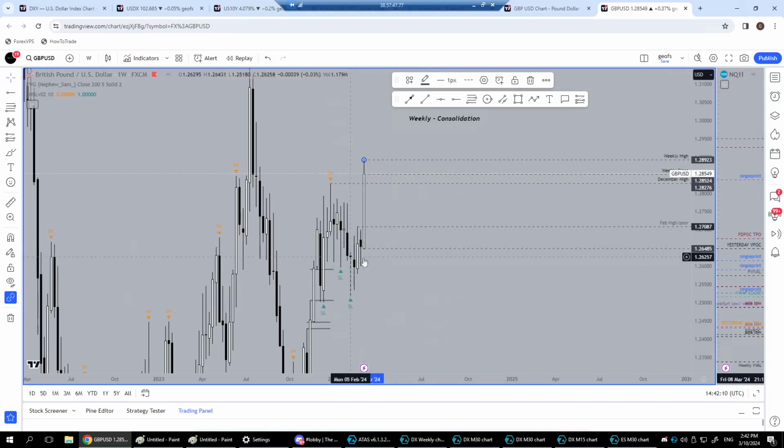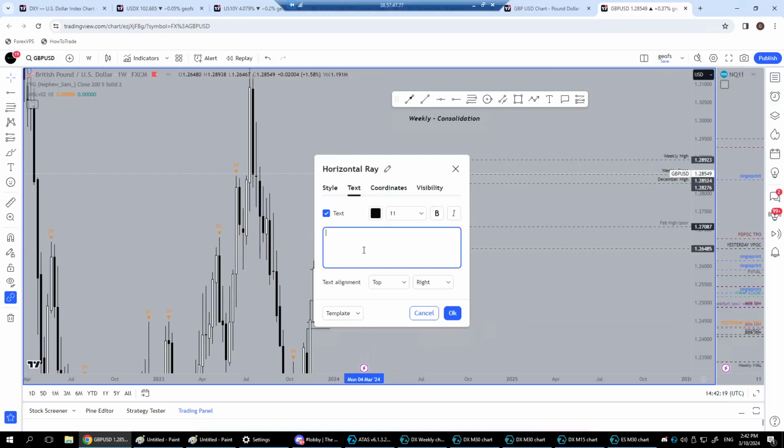It's pretty interesting, the no wick at all. It opened and moved up all week. That's very unusual. Rare that you see that.